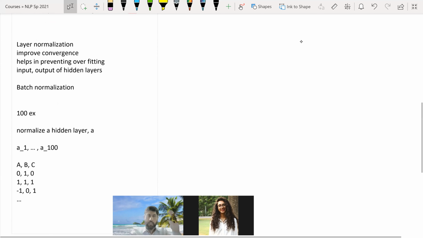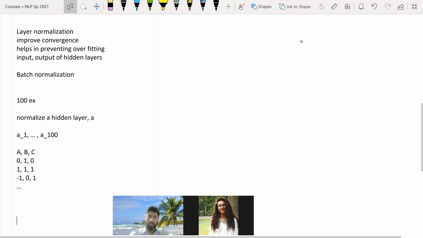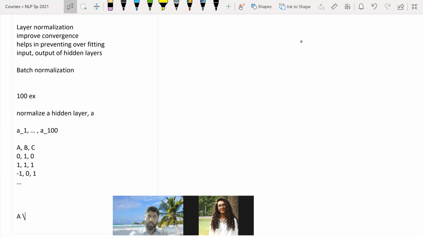So batch normalization would have 100 of these rows and then apply Z-score normalization on each of those outputs, A, B, and C, each of those cells or units output A, B, C. So after normalizing, your A would then lie actually.